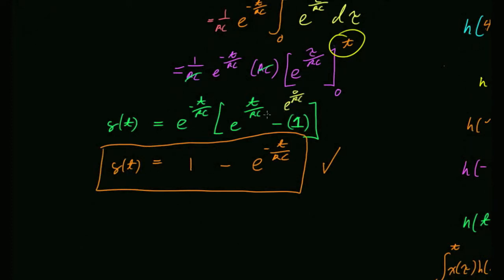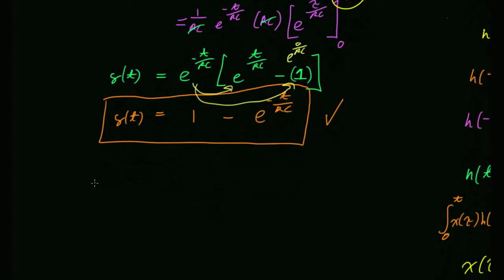And now I'm going to distribute, I'm going to take each of these terms and multiply it by e to the minus t over RC. So for the first term, I've got e to the minus t over RC times e to the positive t over RC. That's this times this. And if you have two things that are the same, you can just add their exponents. You add their exponents, you get 0. And e to the 0, oh, that's so cool, right? It totally works.